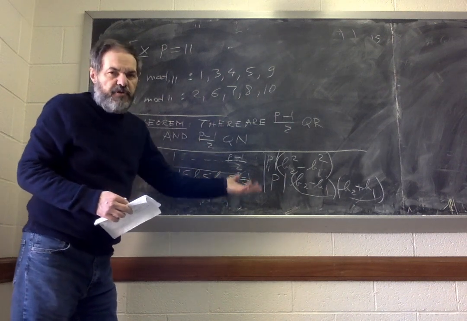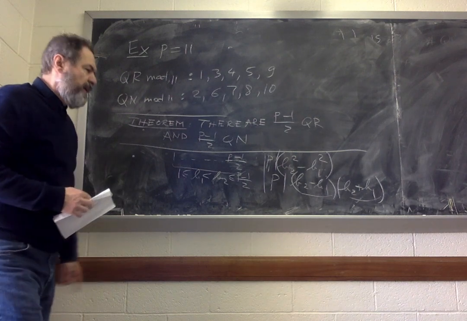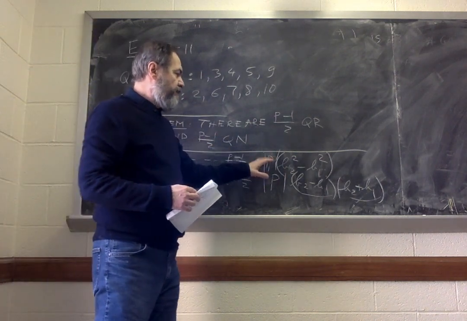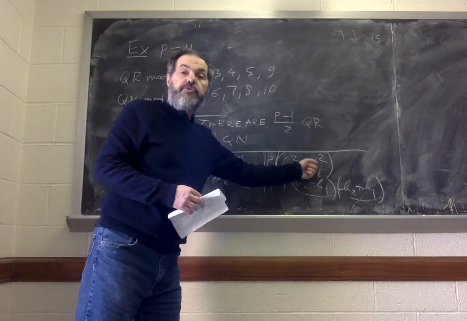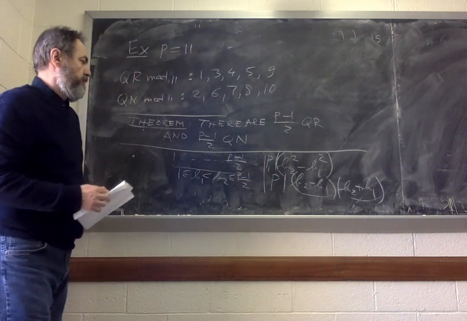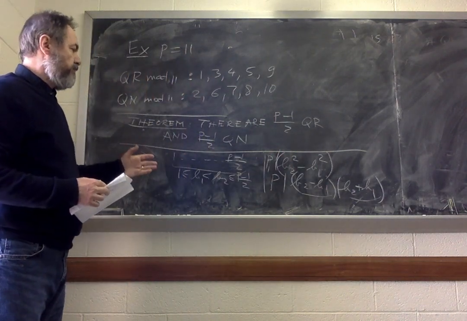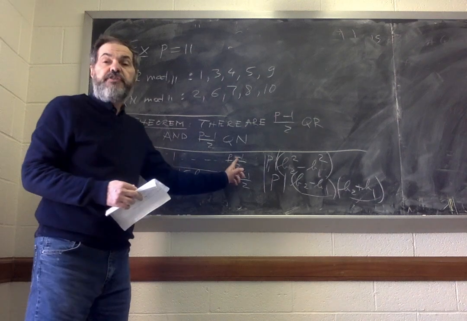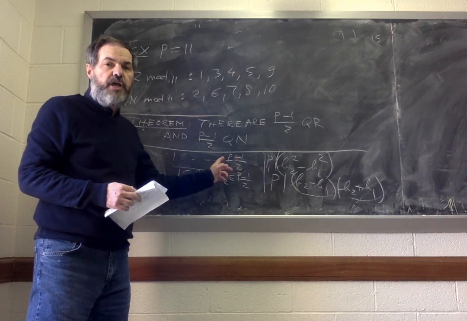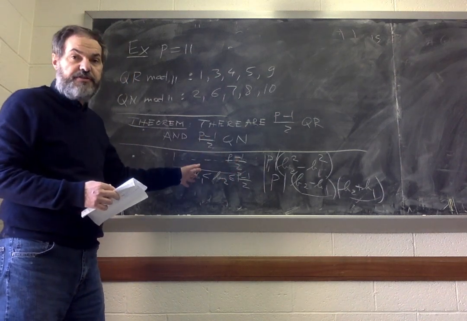So it cannot be a multiple of p. And because it cannot be a multiple of p, the two numbers cannot be congruent to each other mod p. So that's all we need in order to conclude that indeed the squares of these numbers from 1 to (p minus 1) over 2 are not congruent to each other.